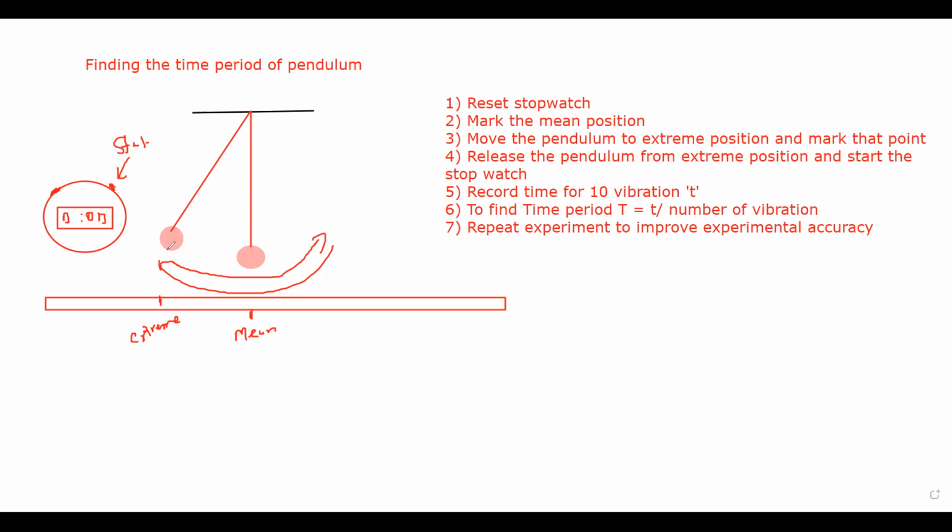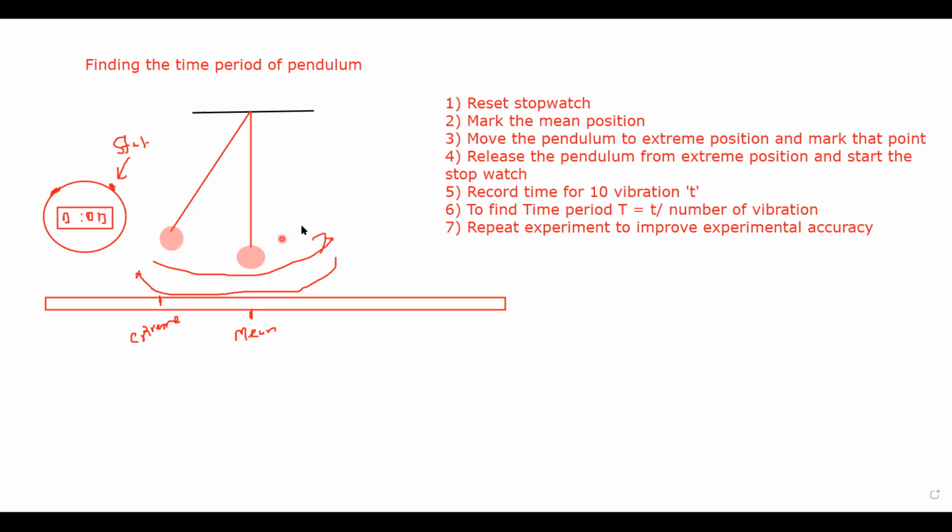So we release the pendulum from an extreme position, it will move from one side to another extreme and then return back. If this highlighted part is representing a pendulum, we release from here, so it will go and then return.